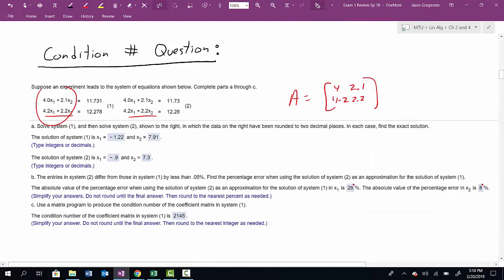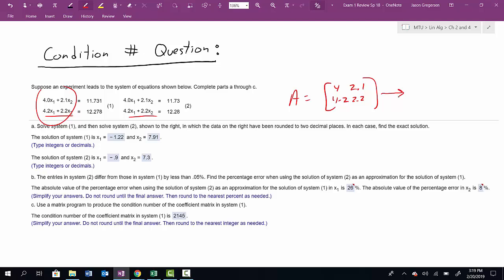The matrix is invertible, but it's so close to being not invertible that that's what's throwing off our solutions.